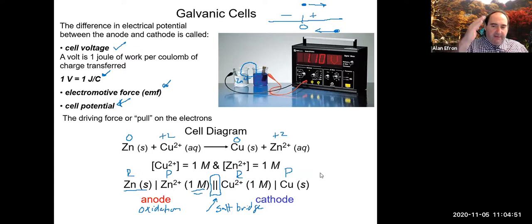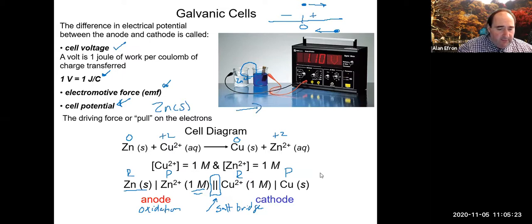It's always anode to cathode. 2 lines separate the anode and cathode compartment. And again, if you're given just a cell diagram and you needed to get the reaction from it, this is how you would do it. We would start with our anode side, and the first thing there would be our reactant, so you would write zinc.